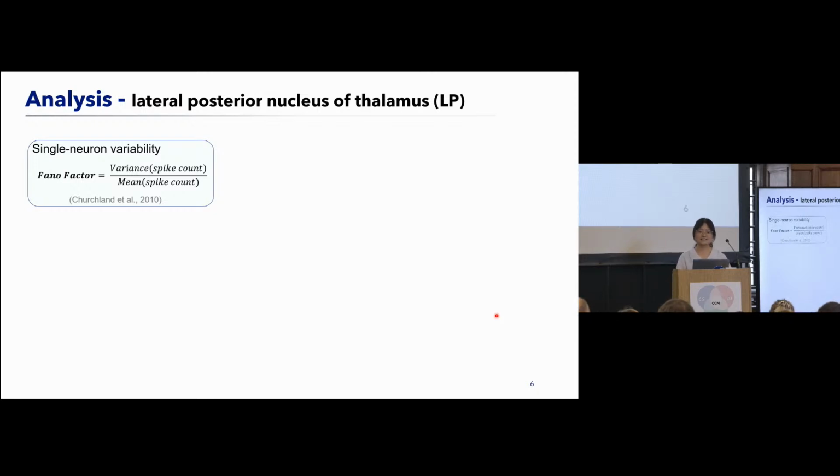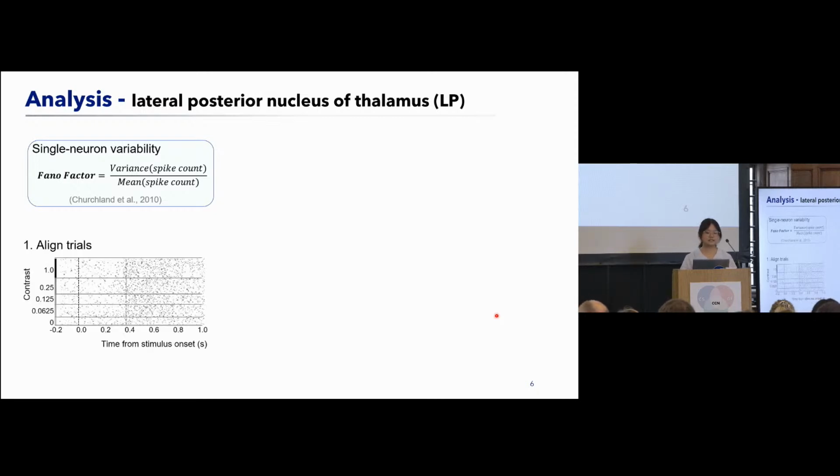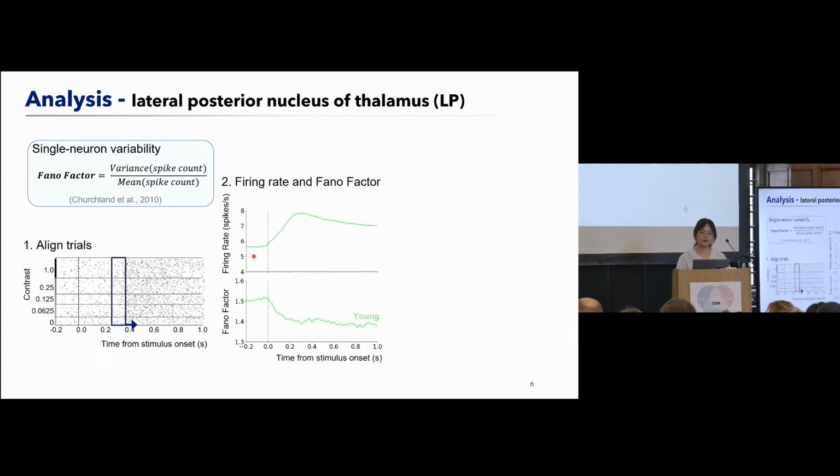So in our dataset, after the quality control process, we first aligned all of the correct trials to the stimulus onset. Then, by using a sliding window method, the firing rate and the Fano factor time course were calculated for each neuron under each condition, then averaged within this brain region, LP.